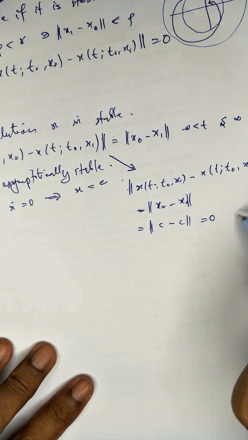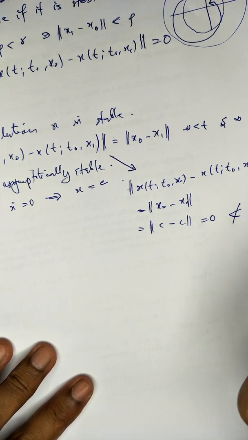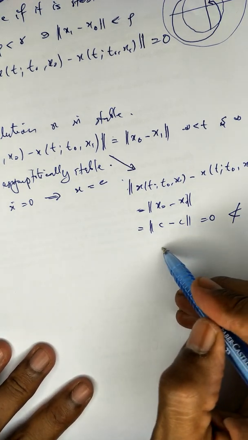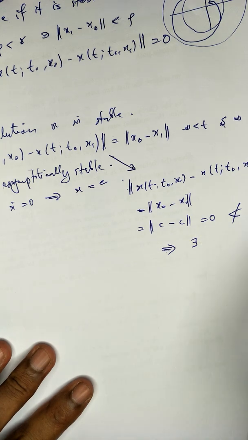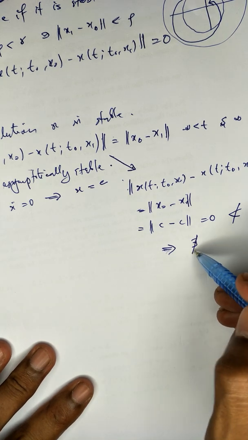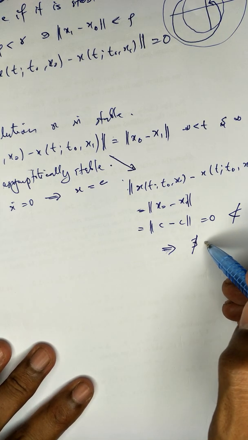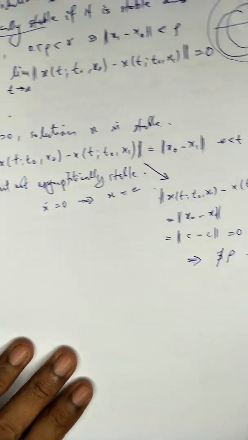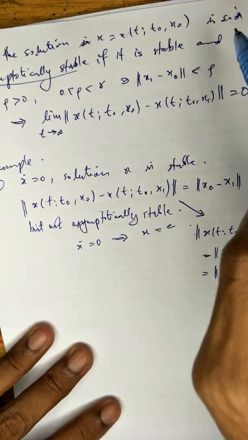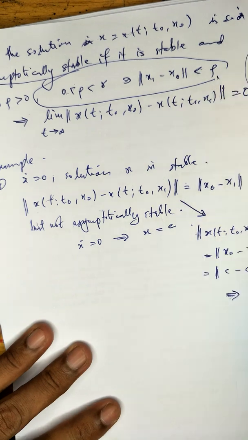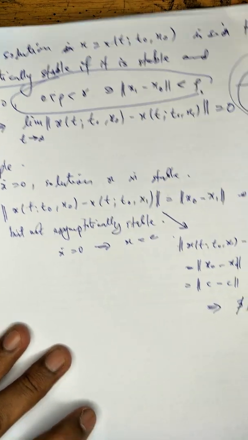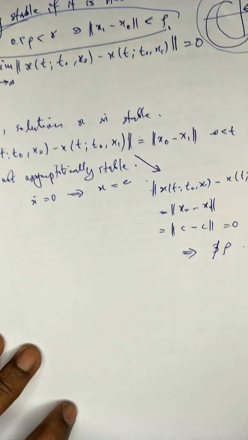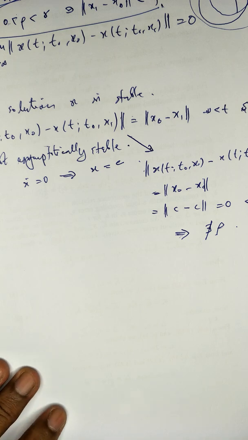So it is not less than delta. In other words, there exists no rho satisfying this condition here. That's why in this case it's stable but not asymptotically stable.